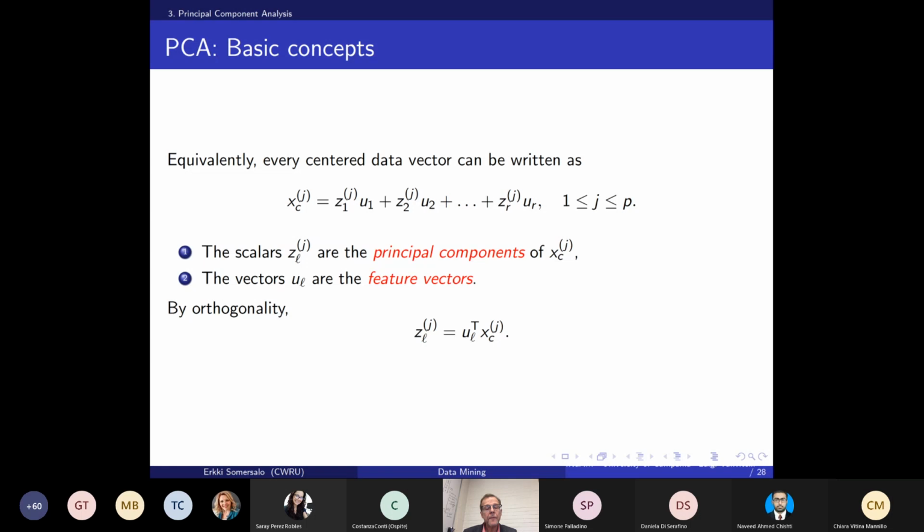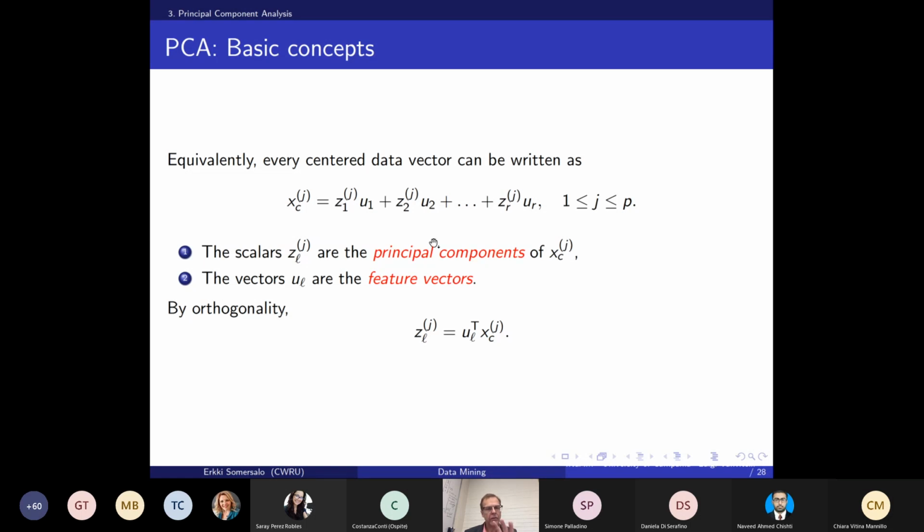So these u's here, we are calling them feature vectors. So these feature vectors are sort of representing all the data, because all data can be expressed as linear combinations of these feature vectors. And the coefficients here are called the principal components of the data vector xj.